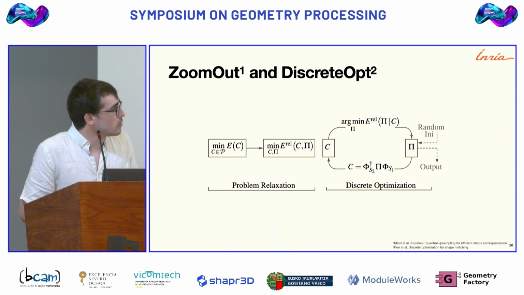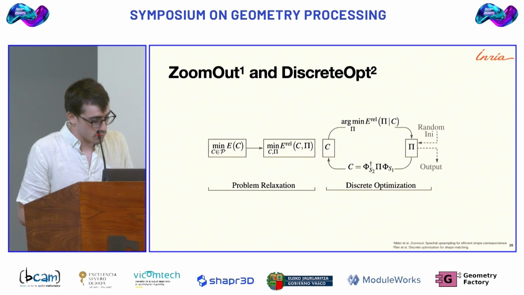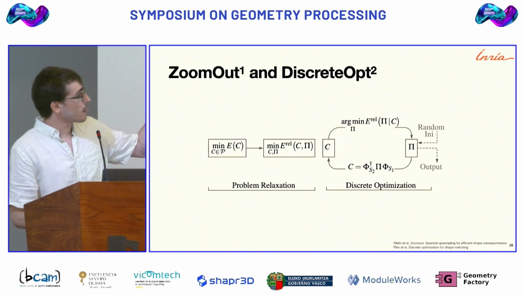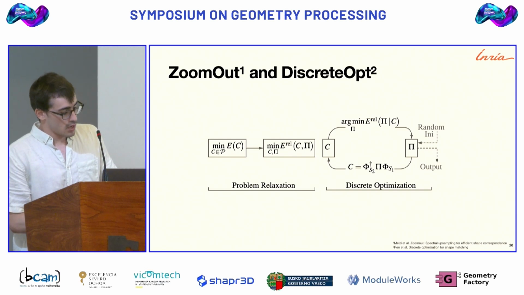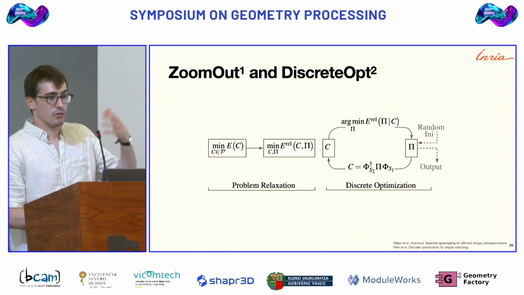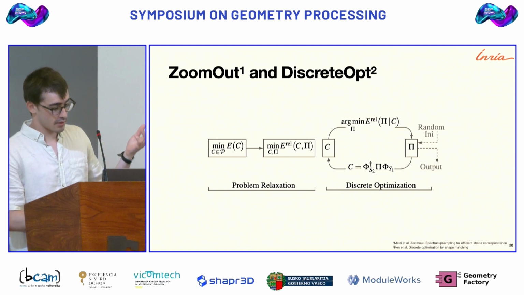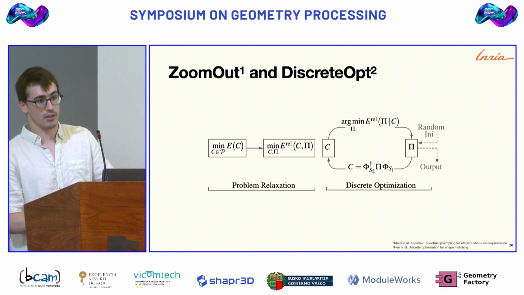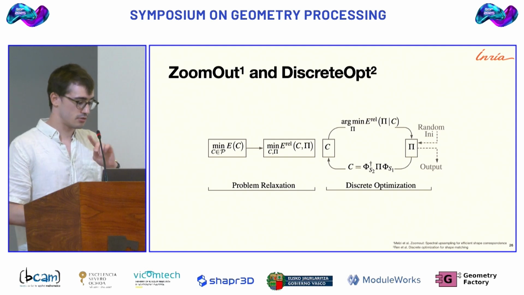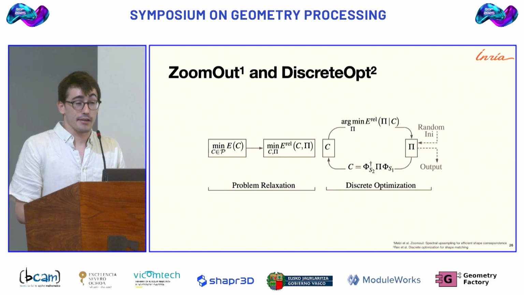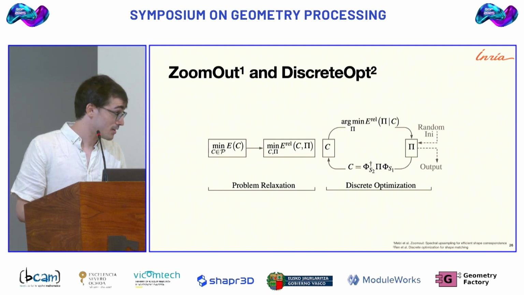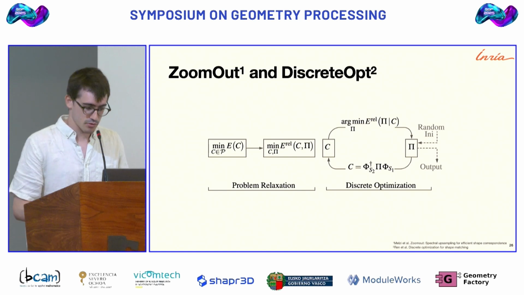Once you do this, you are allowed to modify the left energy. Instead of just having this orthogonality term, you could have descriptor preservation, you can have bijectivity and compute things in two directions. There's also conformality, but I don't think it works too well.